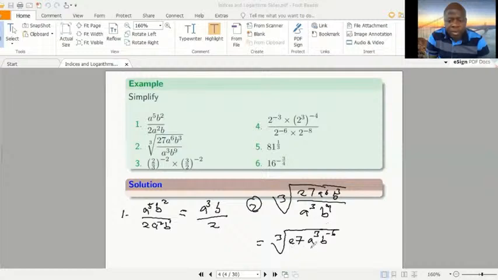Then I get the cube root. That means multiply this power here by a third and this other power by a third. And you know that 27 is the same as 3 raised to 3. So in fact, what I have is the cube root of 3 raised to 3, a raised to 3, b raised to negative 6.